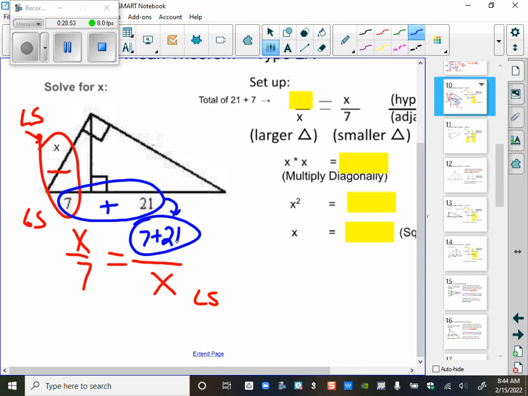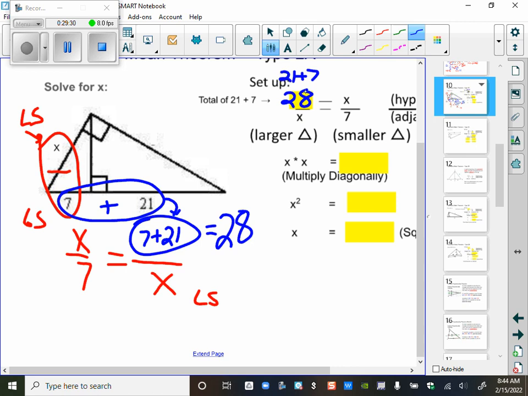7 plus 21. Now, what is 7 plus 21? 28. Basically, that's what you have going on up here. Same thing. 21 plus 7, 7 plus 21. 28. Again, the key is figuring out this last number.